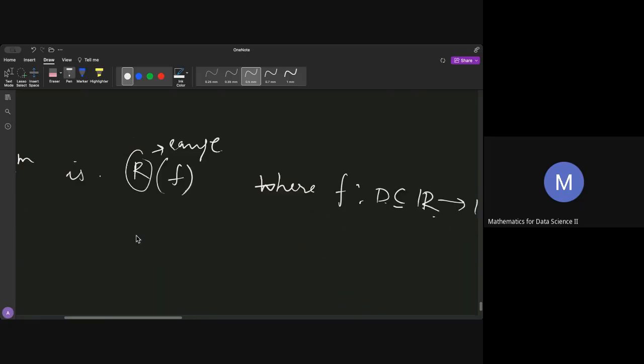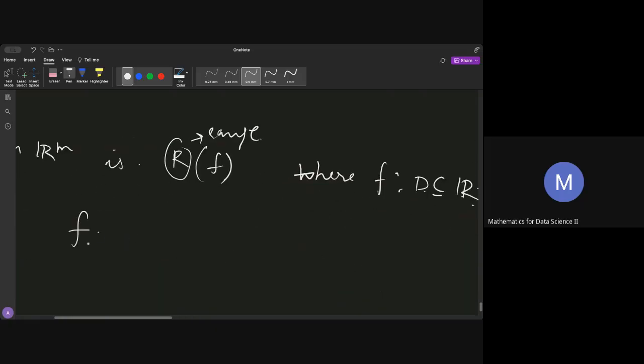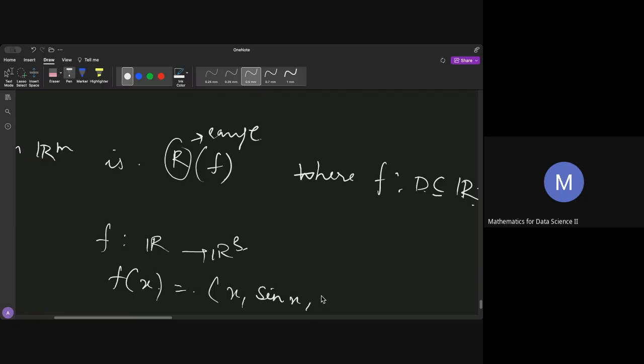Is that okay? We can take an example from R3 as well. Let's say you have a function from R to R3 where f(x) is equal to (x, sin x, cos x).